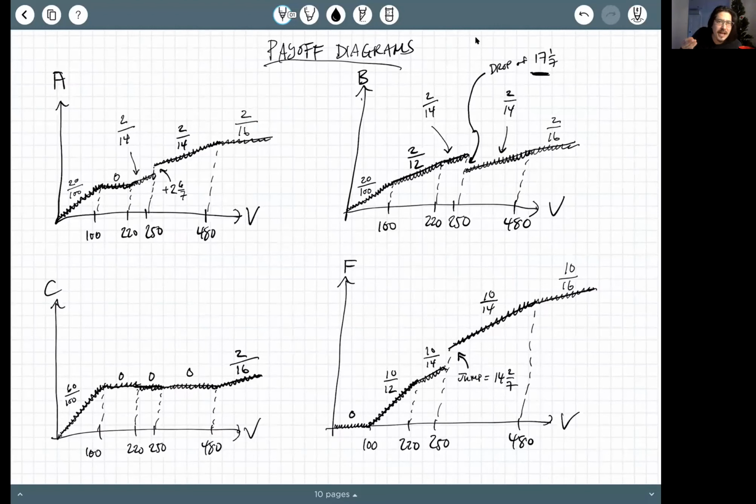So this is a time-saving trick that is actually pretty useful in the context of a timed exam. Notice that 2 6/7 plus 14 2/7 is equal to 17 1/7, right? So the drop is equal to the sum of gains.